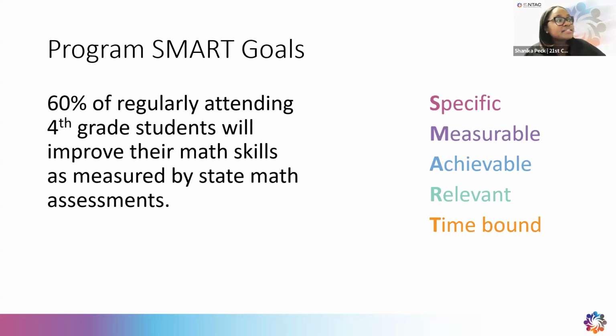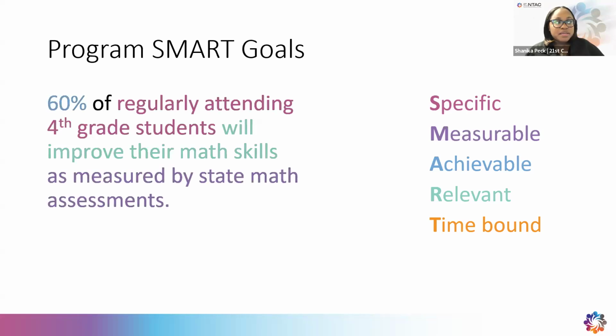So here we have 60% of regularly attending fourth grade students will improve their math skills as measured by state math assessments. Now we're thinking about, again, SMART goals here, right? How is it specific?